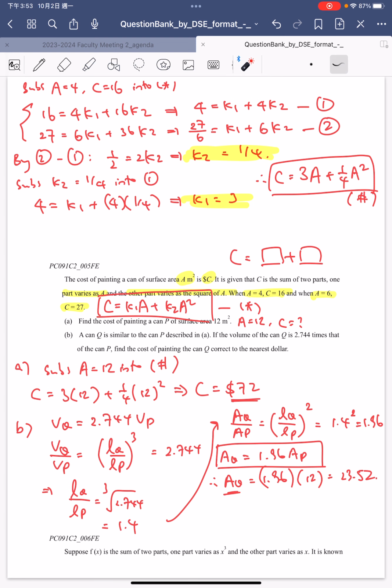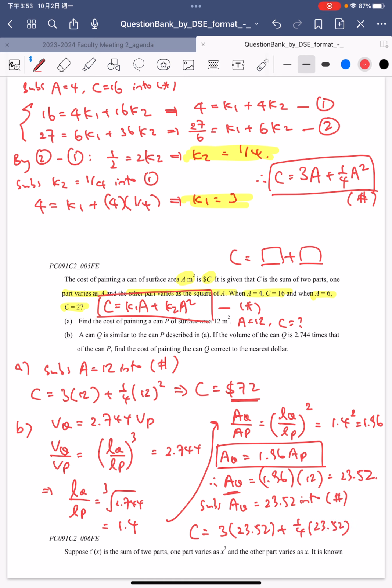If you want to find out the cost, then just substitute back into our formula dash. So substitute AQ is equal to 23.52 into our equation dash. Then we can say that C is equal to 3 times 23.52 plus a quarter times 23.52 squared.